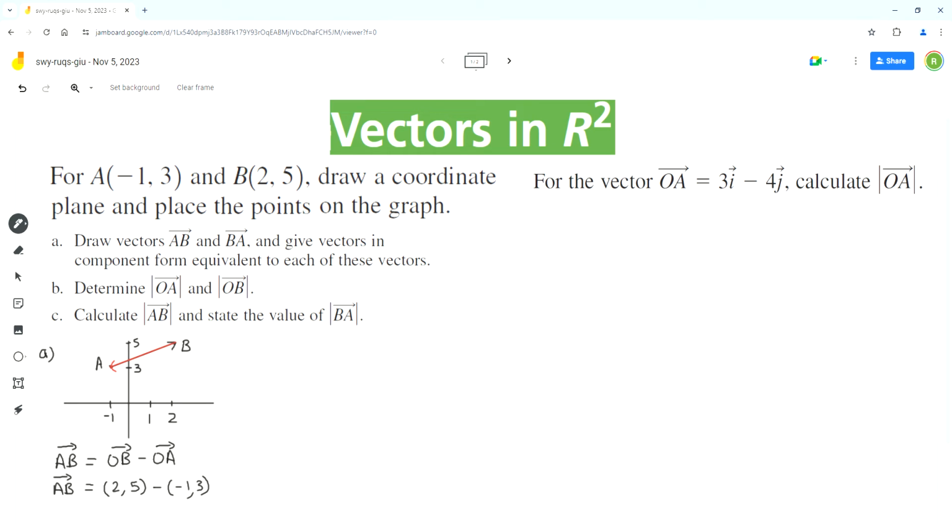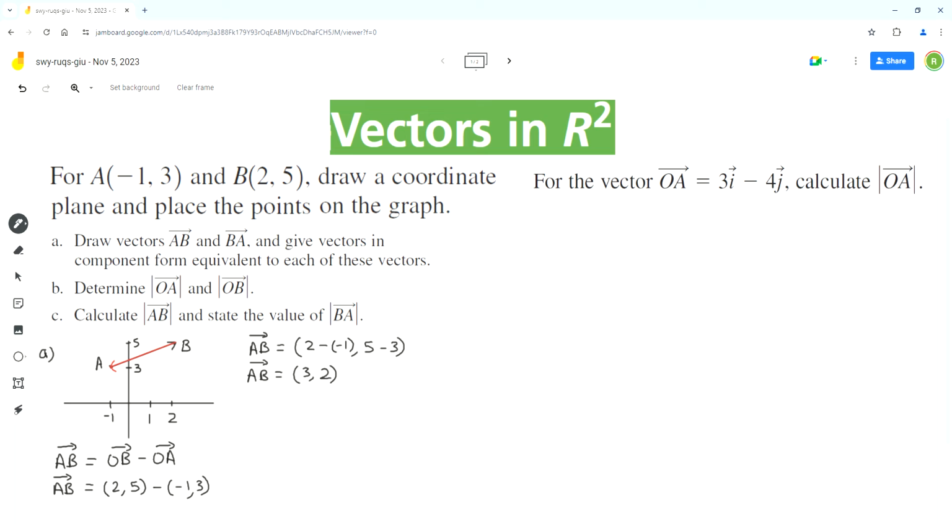Now we can subtract these position vectors. So for that, we'll subtract the x components and the y components. So 2 minus -1 is equal to +3 and 5 minus 3 is 2. So this is vector AB in component form.